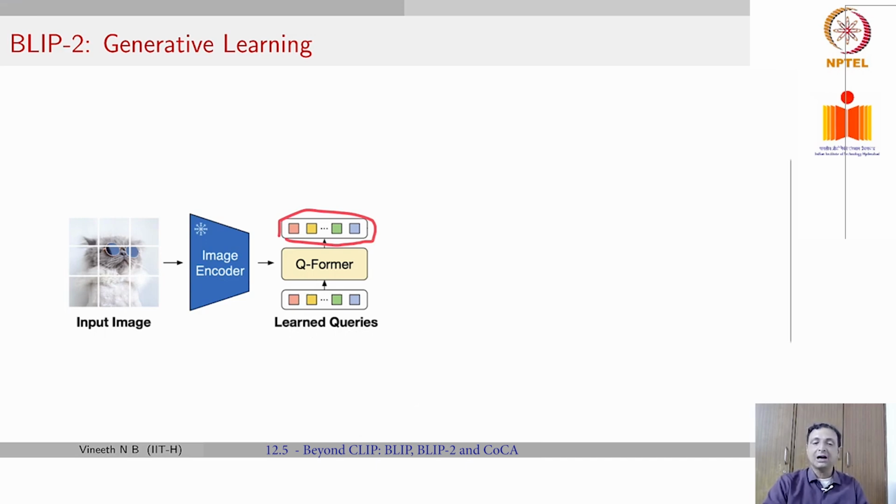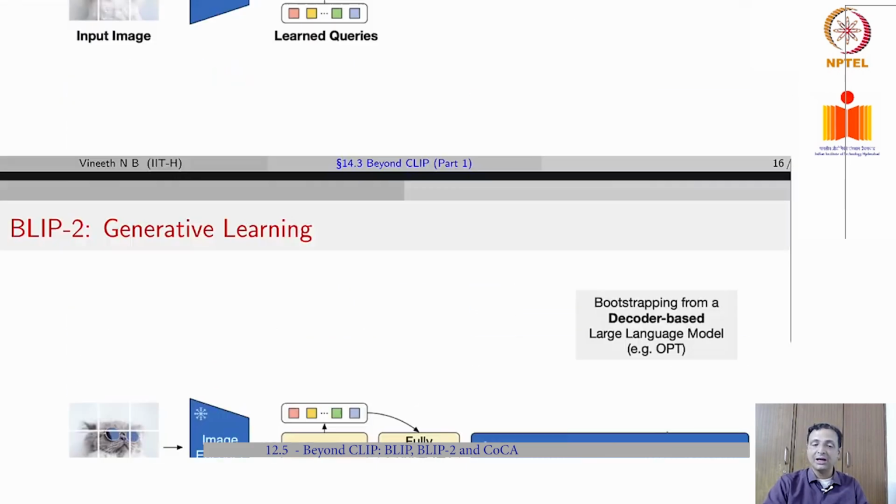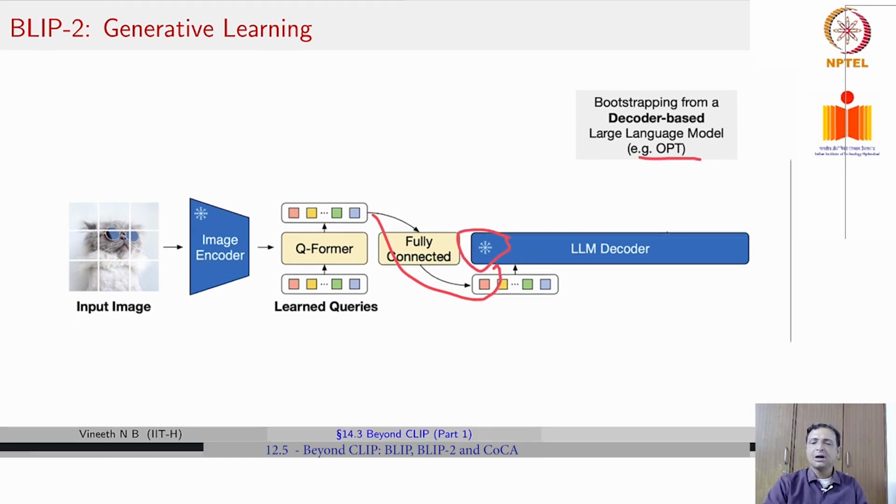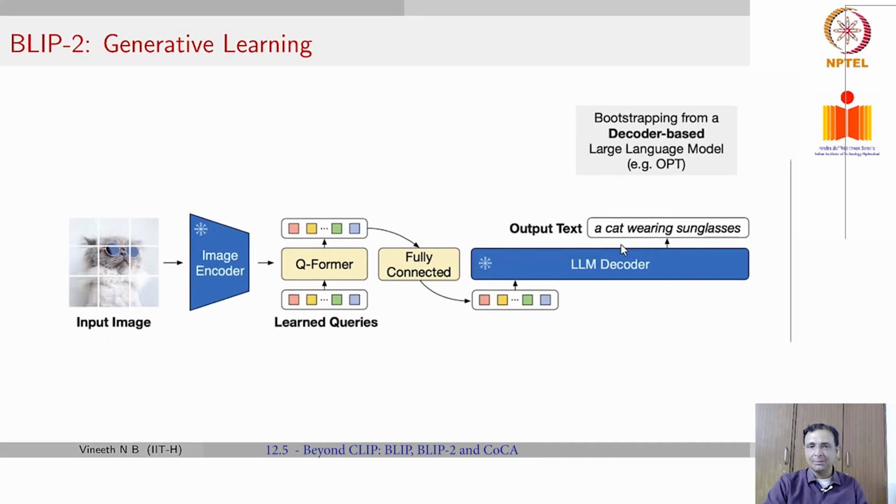These are provided through a fully connected layer as input to an LLM decoder which is frozen. For this experiment, they use the OPT LLM to study their approach, and this LLM decoder outputs a text for this image that says a cat wearing sunglasses.